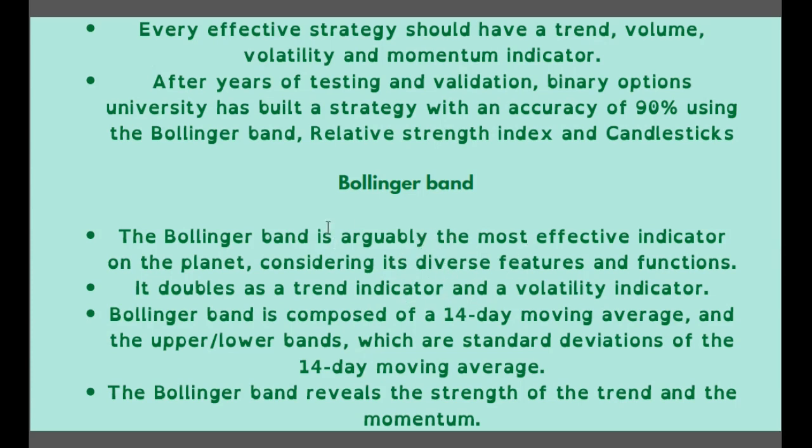The Bollinger Band is a very effective indicator, and at Binary Options University you cannot find an instructor that doesn't use the band. It is our primary indicator at the university.